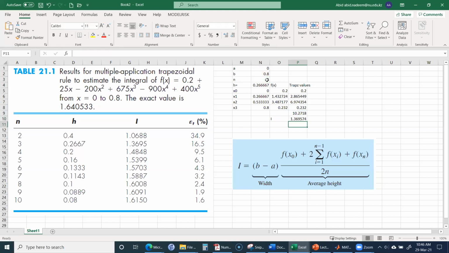So this is the value 1.3695, which is the same value which we got over here. Similarly, we can calculate the value for n is equal to 4, which will come out to be 1.4848.